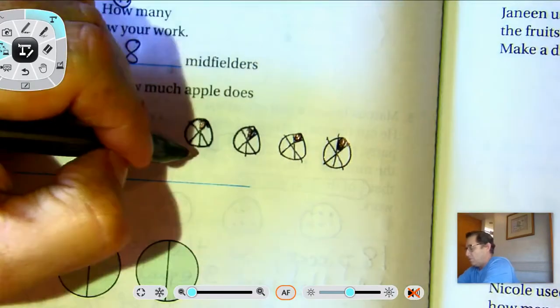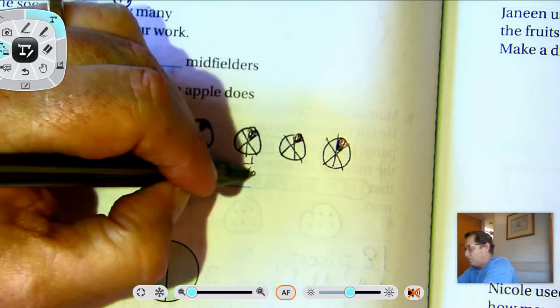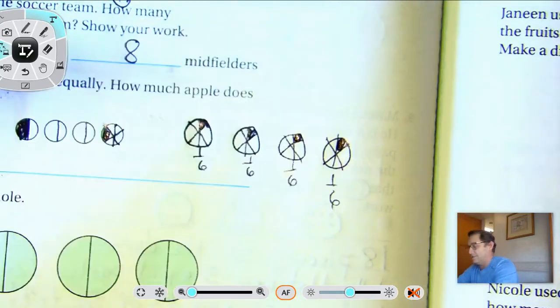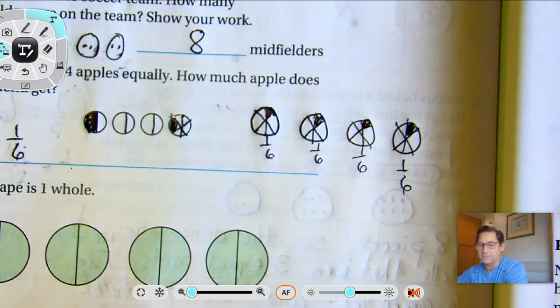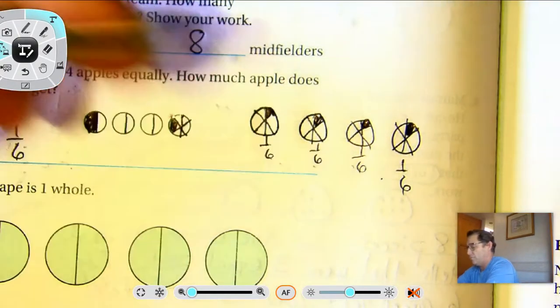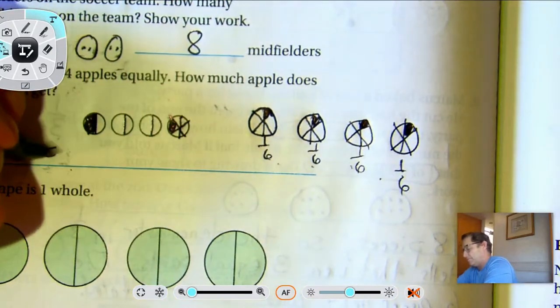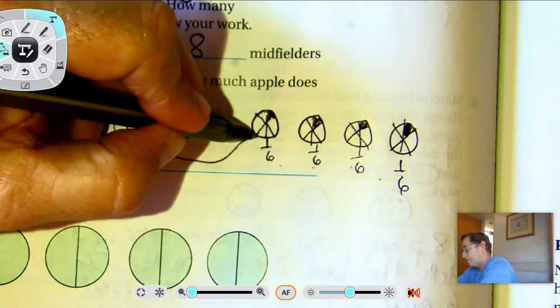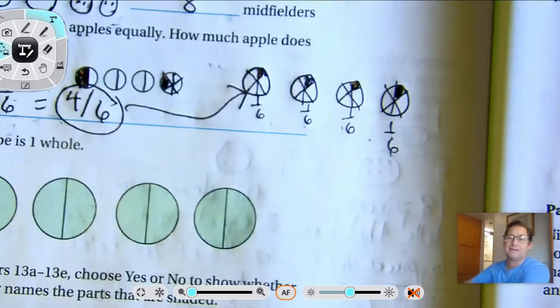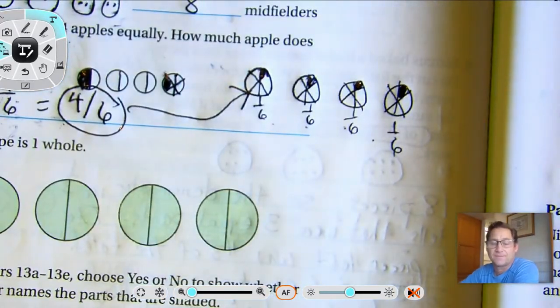Okay, so 1/6, 1/6, 1/6, 1/6. How many did they get total? 4/6. 1, 2, 3, 4. So I would stick to that being my work for this one.